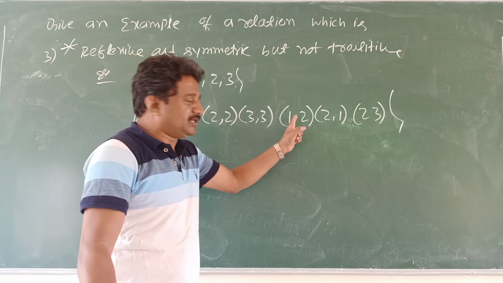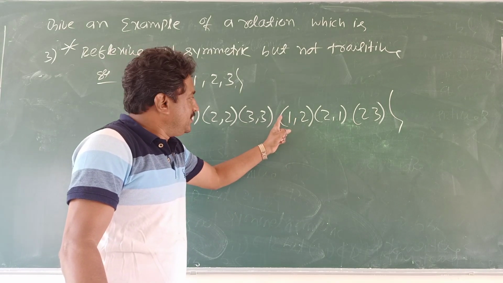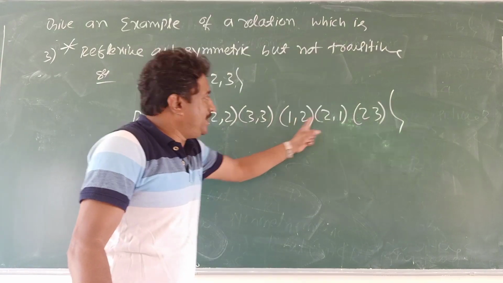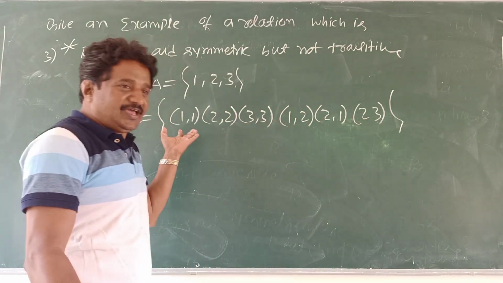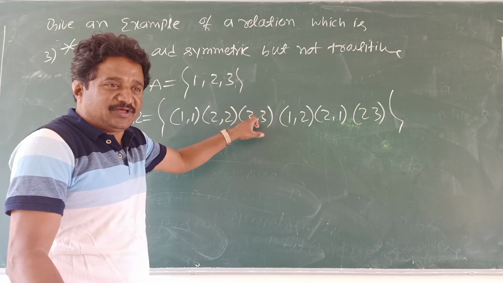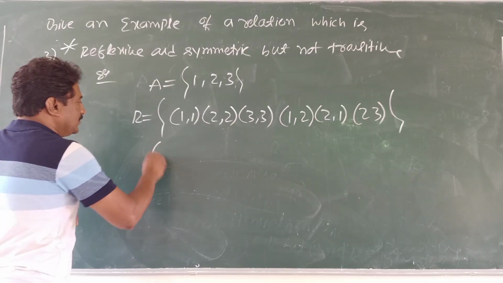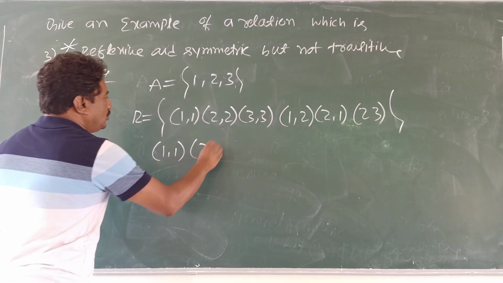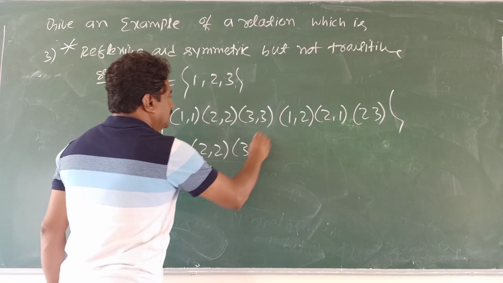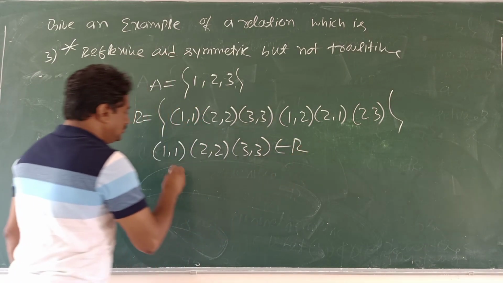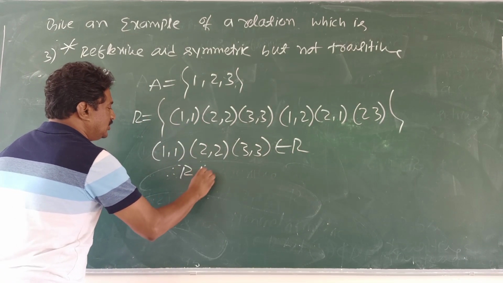We have a failed subject in this: (A, B), (B, C), and we don't have (A, C), that is (1, 3). Does it contain (1, 3)? No. Is it reflexive? Yes. (1, 1), (2, 2), (3, 3) belong to R. Therefore, R is reflexive.